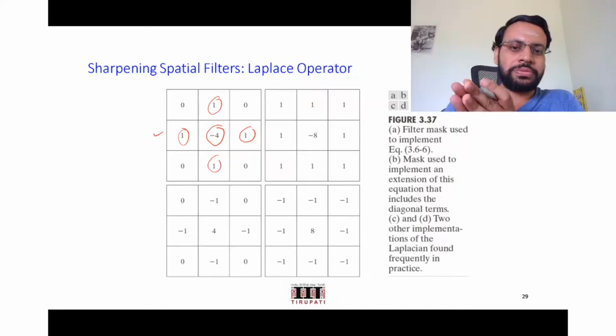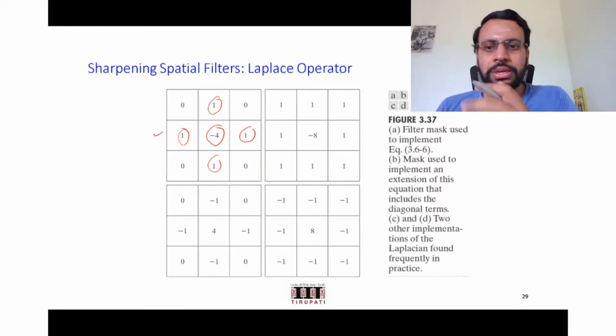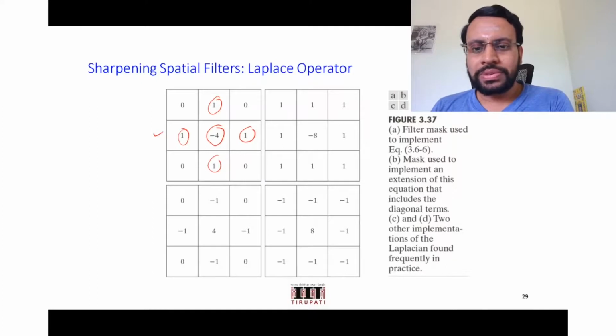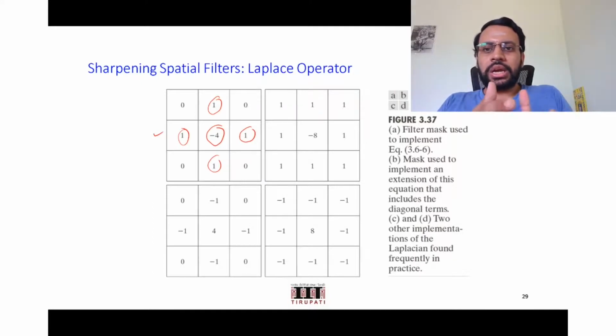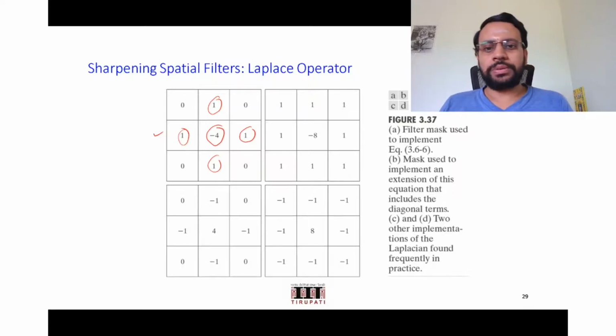This is referred to as the 90 degrees isotropic Laplacian mask. 90 degrees because you are looking at all the pixels at 90 degrees, and isotropic because even if you rotate by 90 degrees this would remain the same. That's why it is referred to as the 90 degrees isotropic Laplacian mask.